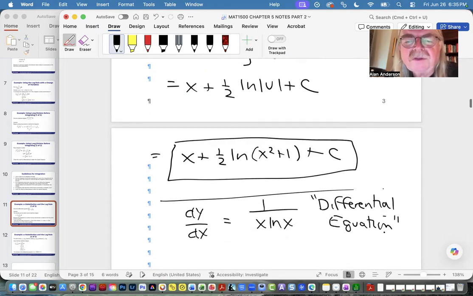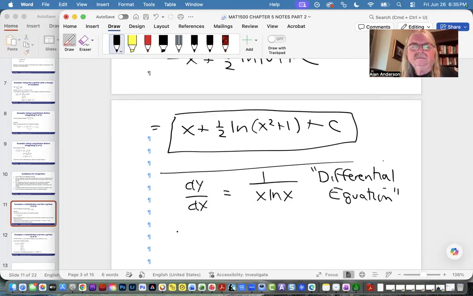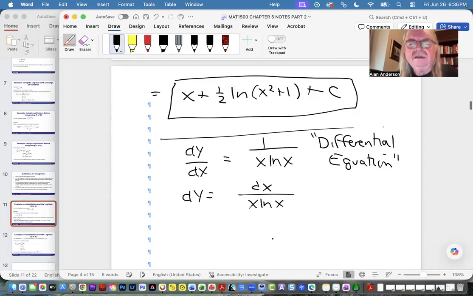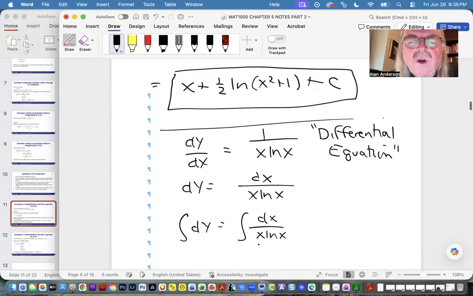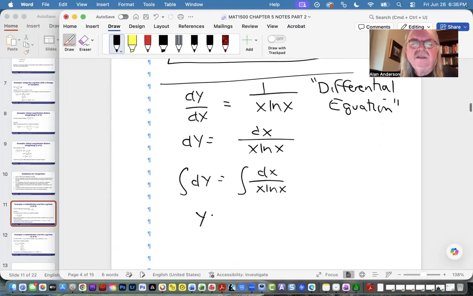So I'm going to integrate both sides. First, I'm going to multiply both sides by dx. Then I'll integrate. And so y, or f of x, equals this integral. The only problem is we don't know what to do with it.